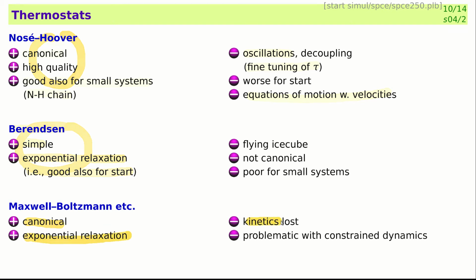The kinetics is lost or not precise. They are also problematic if we have a system with bonds, for example. But what I skipped is the problem with the Berendsen thermostat, the so-called flying ice cube problem. And it is poor for small systems.